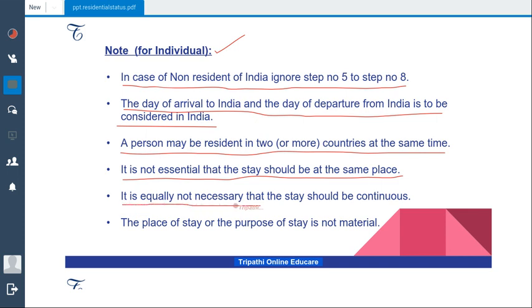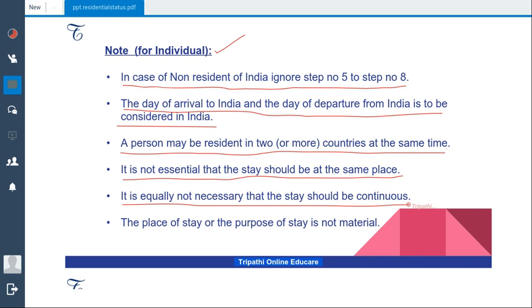Next point, it is equally not necessary that stay should be continuous. Now the condition says residing 182 days or more in India during previous year. That doesn't mean that once you arrive in India, you will have to stay in India for a minimum period of 182 days, then only you can leave. It's not like that. You can take a break.